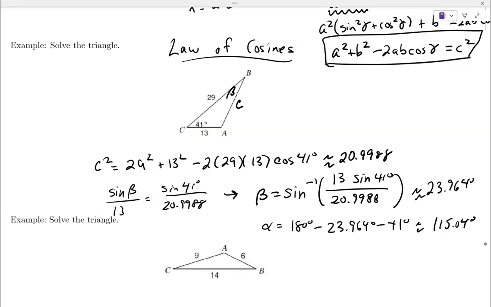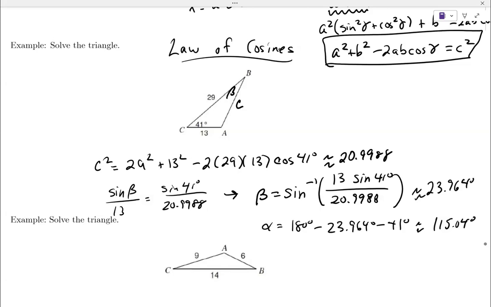So again, if you use law of cosines to figure out your third side, and you want to use law of sines, find the smaller angle first because it has to be acute, and then subtract to get your third angle. Okay? Like I said, there can't be an ambiguous case. There's only one triangle that works when you have side angle side.